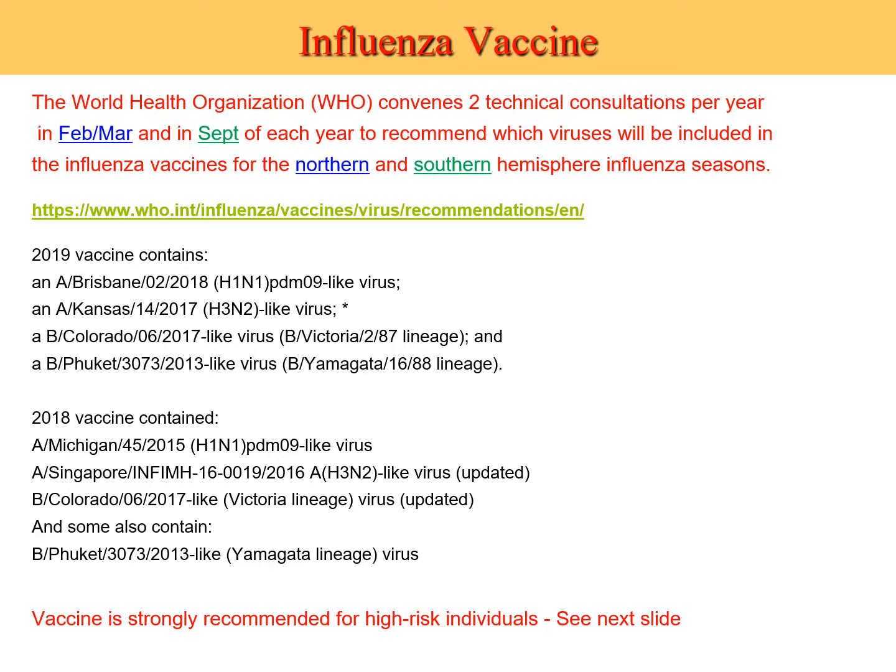The 2018 vaccine contained these 4 strains of influenza virus in the vaccine. 2 type A's and type B. Some preparations also contain a second type B. And then for the 2019 season, these 2 type A viruses and these 2 type B. Sometimes there's overlap from year to year.